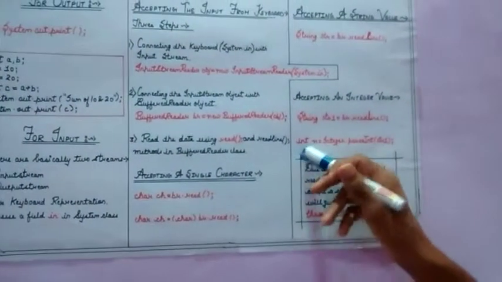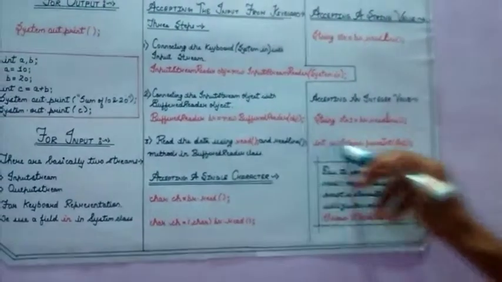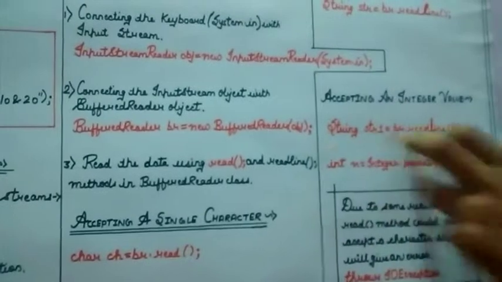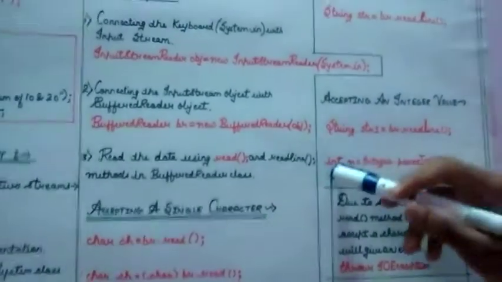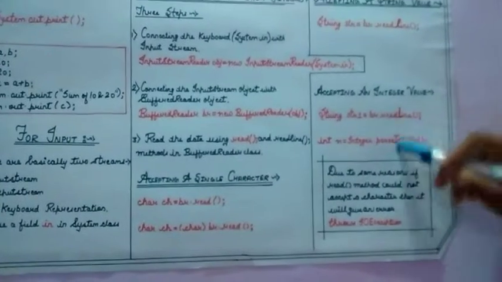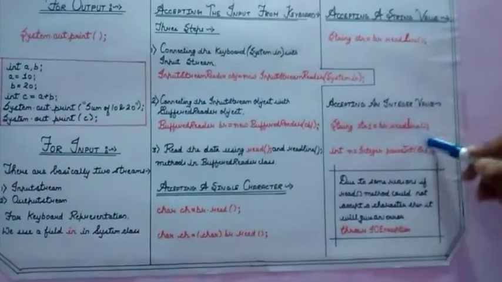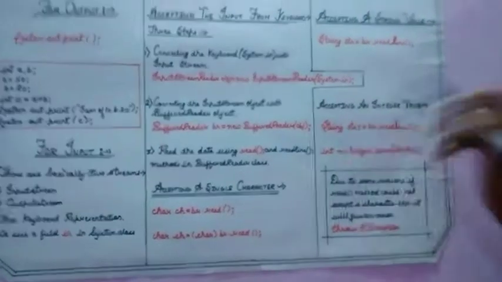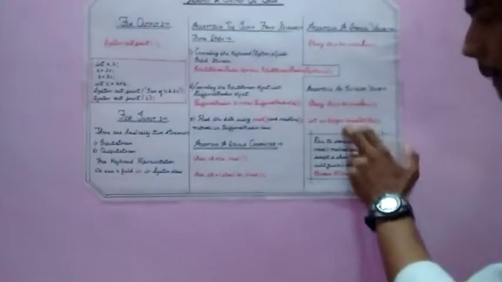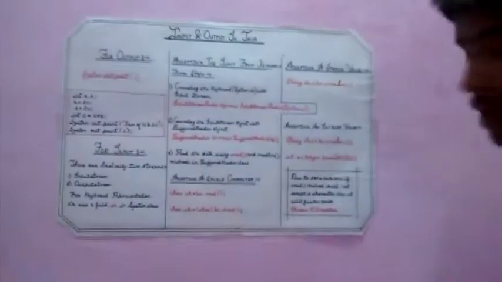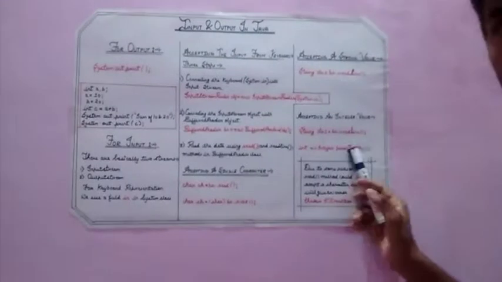Then in the next step we have to convert it into an integer value because we have taken the integer value as a string value. For this I have written int n equals Integer.parseInt(str1), where str1 is the variable name of the string. The parseInt will convert the string value into the integer value. This is known as parsing.